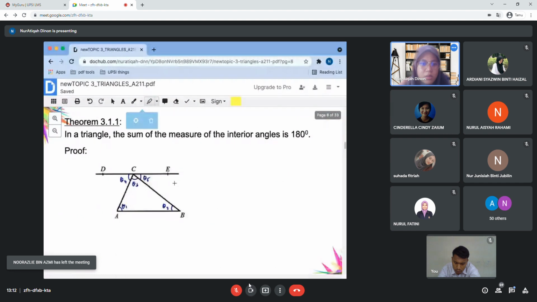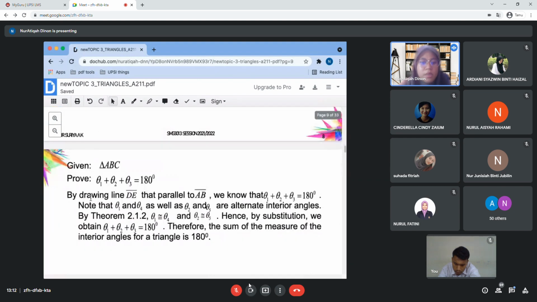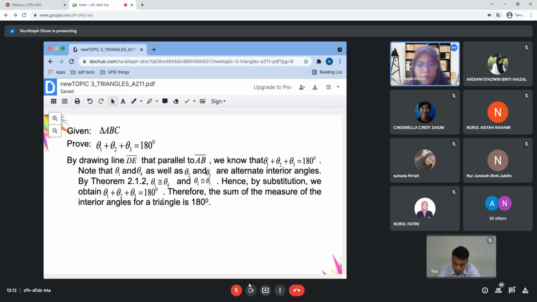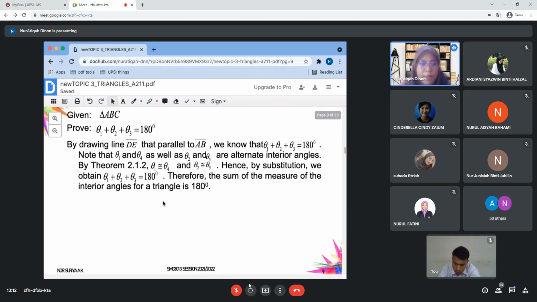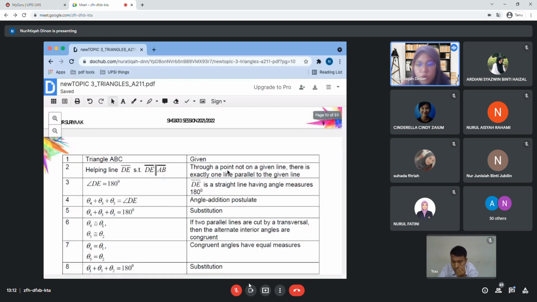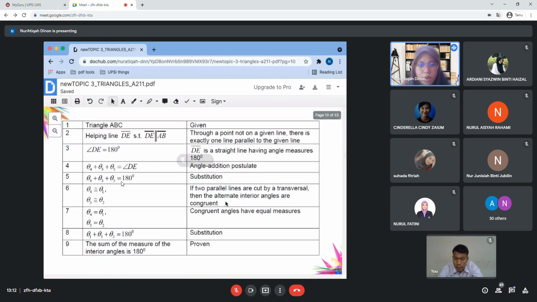And then here we have the theorem. I think most of us already know that the sum of interior angles is 180 degrees. This is the proof by paragraph, which is a traditional way of proving, and this is the two-column proof to prove the theorem.